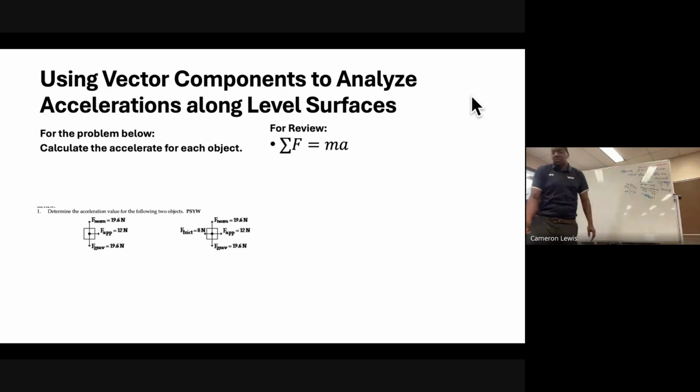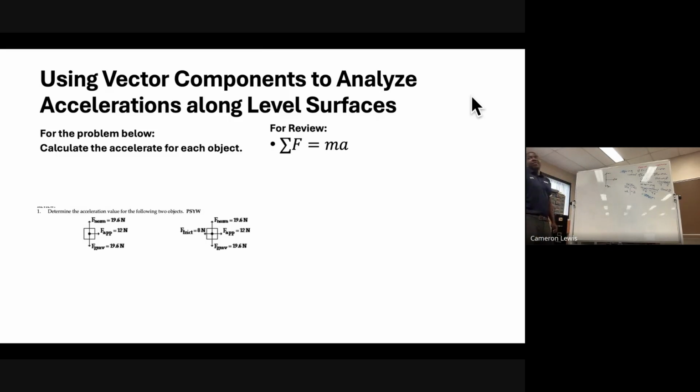Now, let me look at this before I start erasing stuff. We just did this problem for something that looks like this. We'll just say applied force.